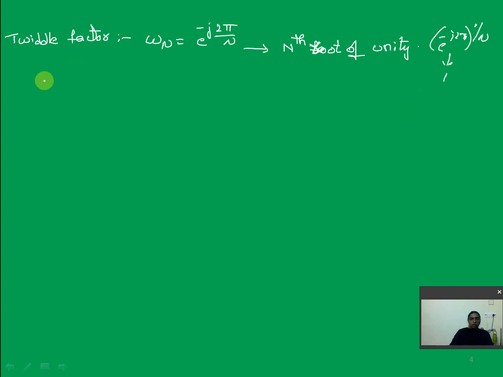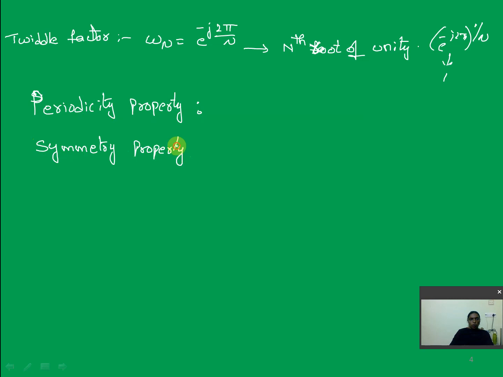Now this particular twiddle factor satisfies two properties. The first one is the periodicity property, and the second one is the symmetry property. Periodicity property means W N power x plus N is equal to W N power x.